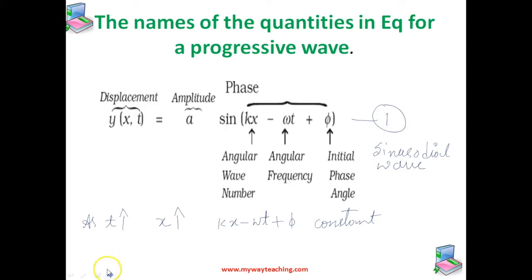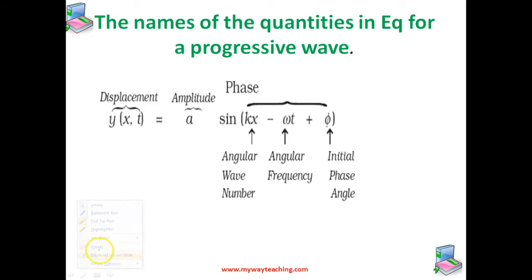On the other hand, the equation y(x, t) = a sin(kx + ωt + φ) represents a wave traveling in the negative direction of the x-axis.